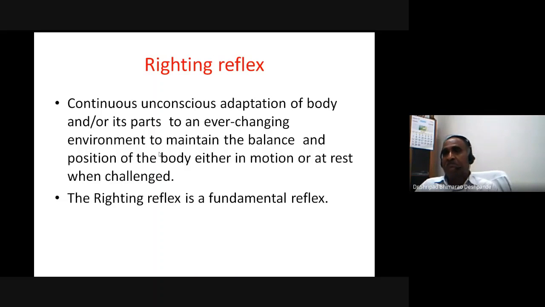If you cannot remember anything, I will just say that it is the positioning of the body or its parts in relation to head and in space, either in motion or static. These are fundamental reflexes, and these reflexes do not exist in the newborn baby.